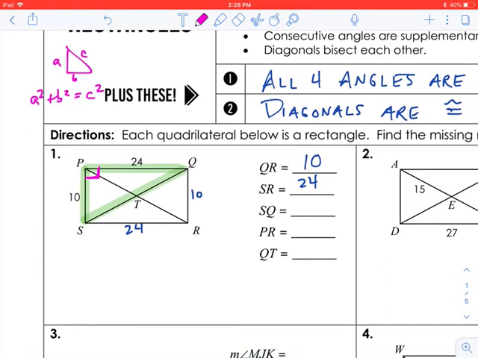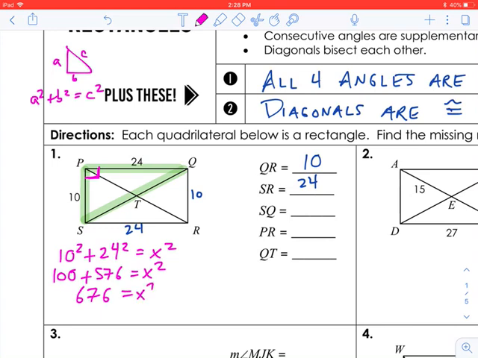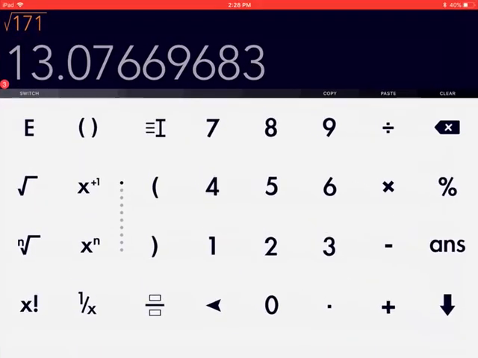So to find SQ, we can say the two sides, 10 squared plus 24 squared equals SQ squared, or I'll just call it x squared. So that's 100 plus 576 equals x squared. So that's 676 equals x squared. I take the square root, and I use my calculator.